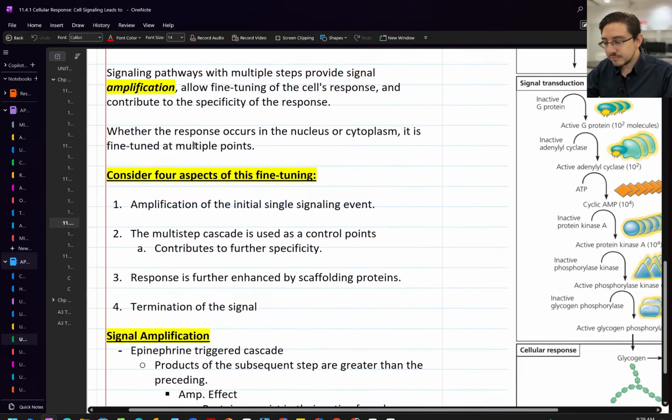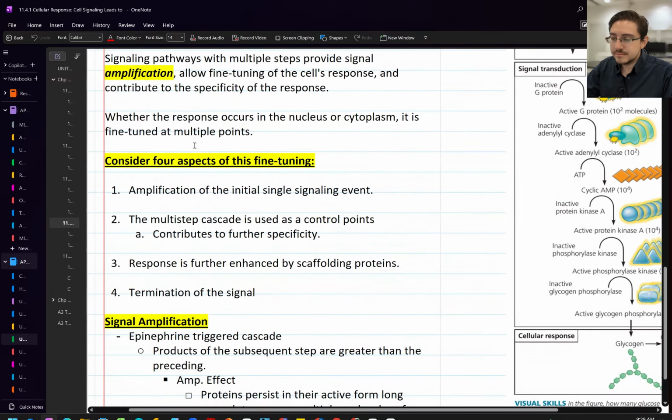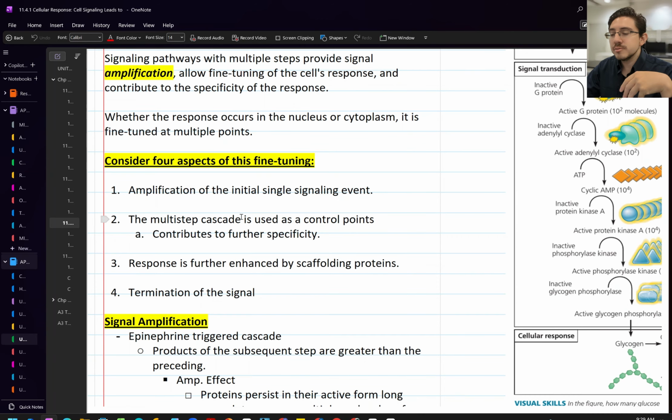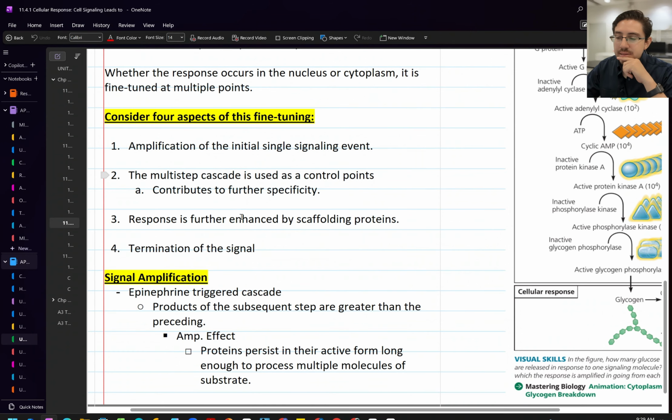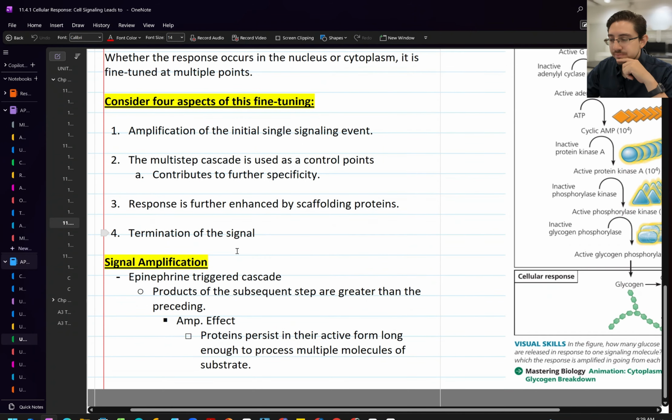Okay, how the amplification occurs does depend on the nucleus or the cytoplasm at particular points, but ultimately the end goal is the same.